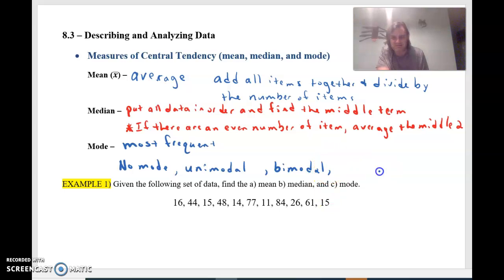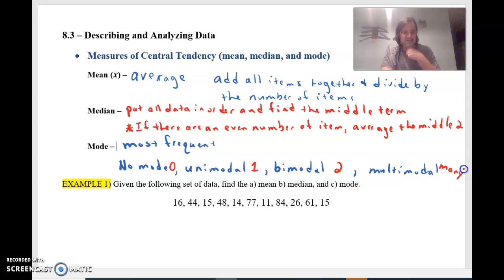And then there's also multimodal, meaning you have several modes. So unimodal means 1, bimodal means 2, no mode means 0, of course, and multimodal means more than 2 or many.